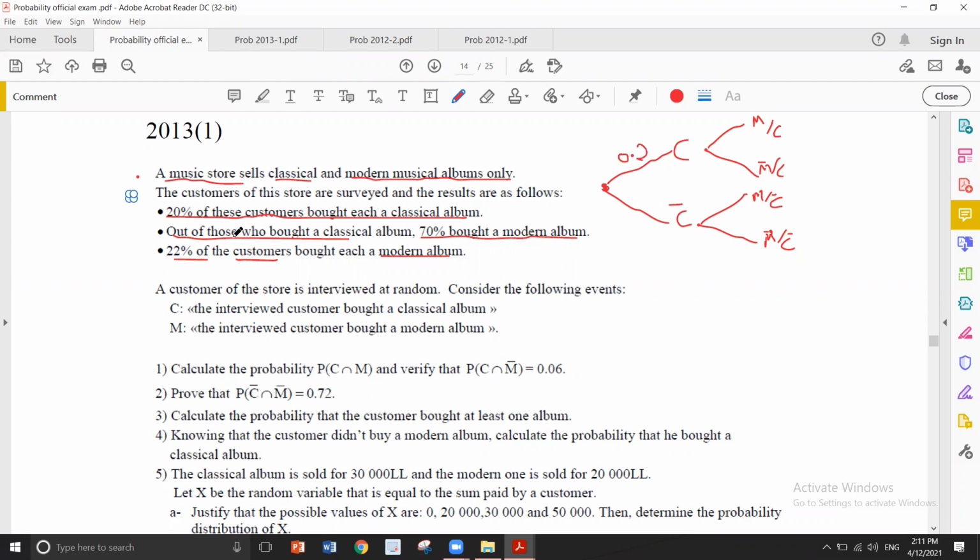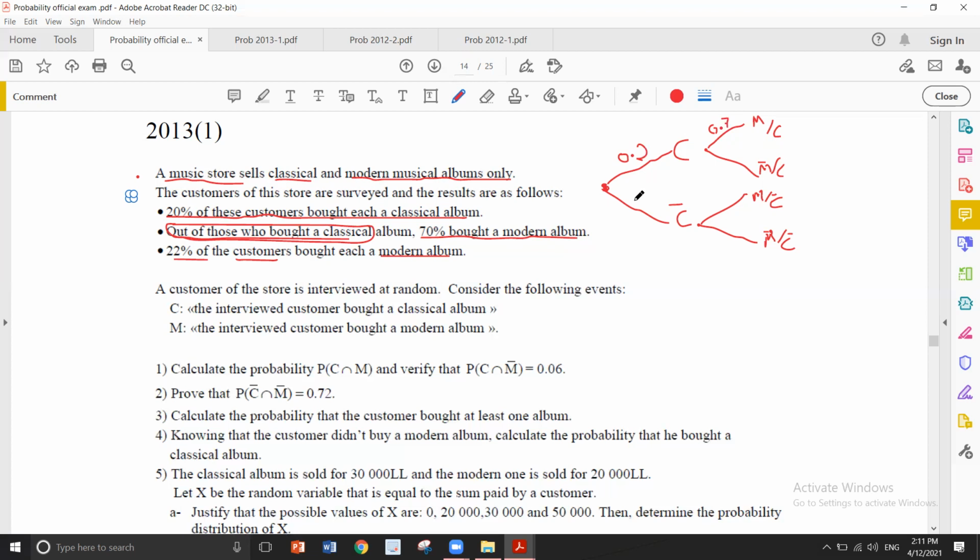Out of those who bought a classical album, 70% bought a modern album, meaning 70% from the 20%.